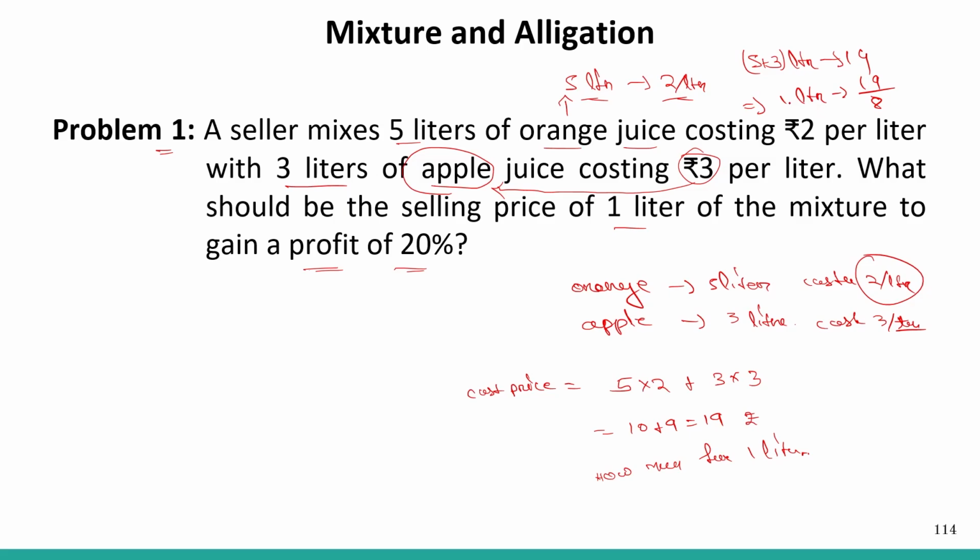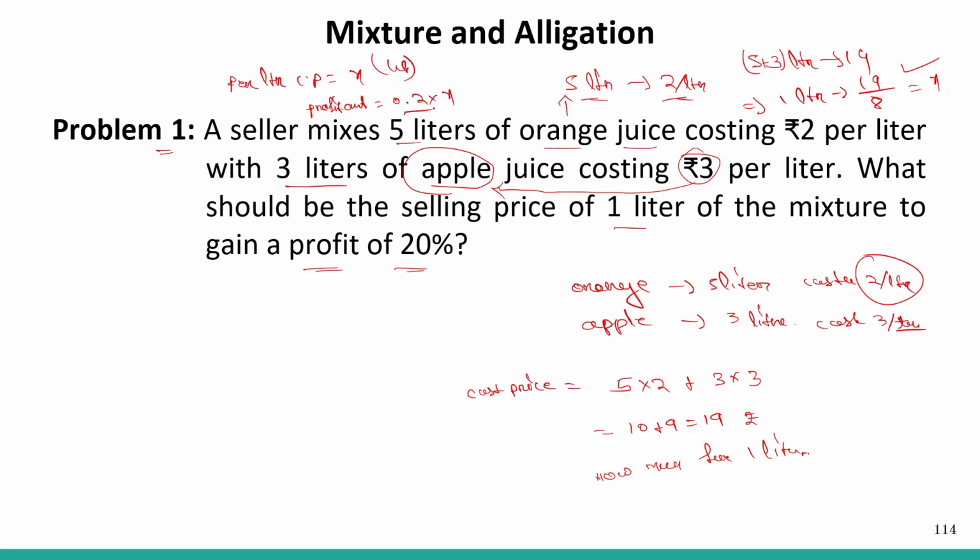And what we want to do is gain a profit of 20%. So per liter CP is equal to X, that we have calculated here. So we want a profit of 20% on this.